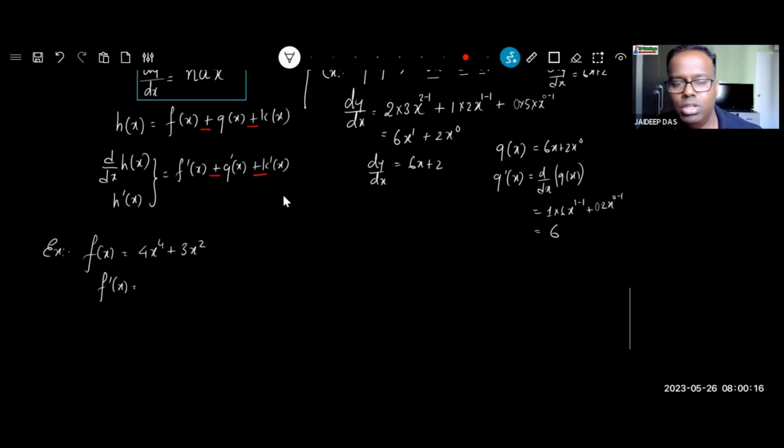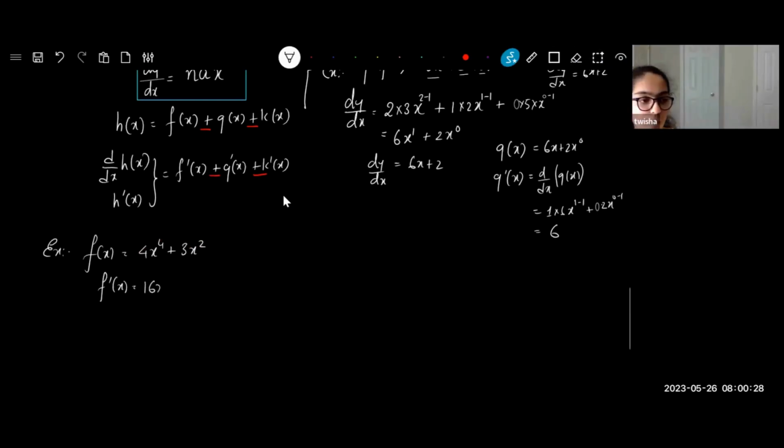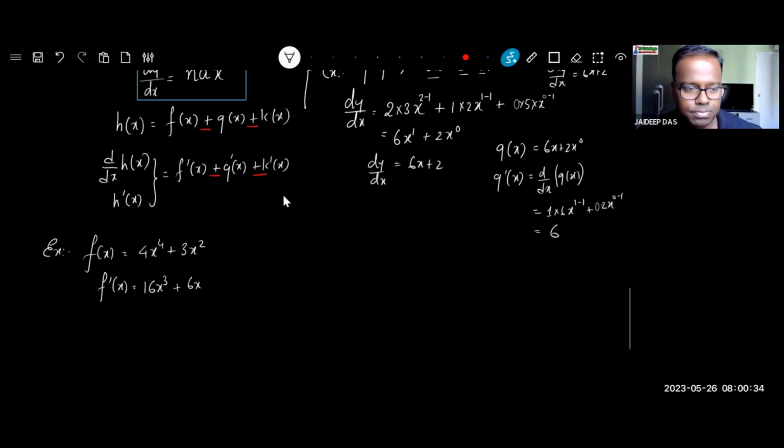Now, how to do it easily? Look at me. Always straight away multiply these two. So 4 into 4 is 16, and then retain the variable as it is, just reduce the power by 1. So that's 16x cubed. Done. 3 times 2 is 6x. That's it. That was quick.